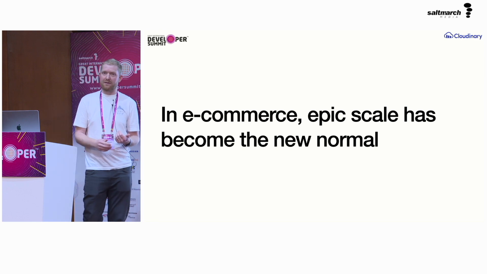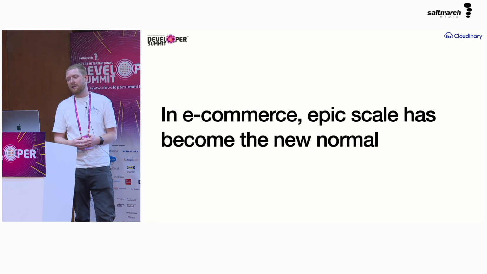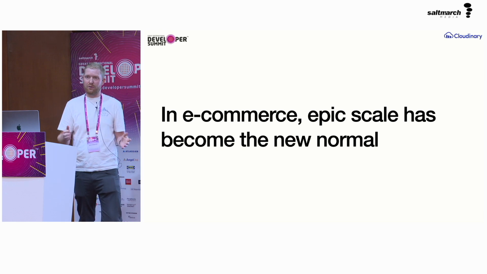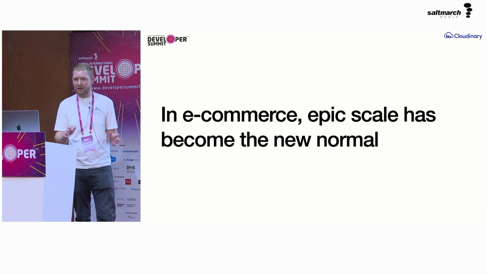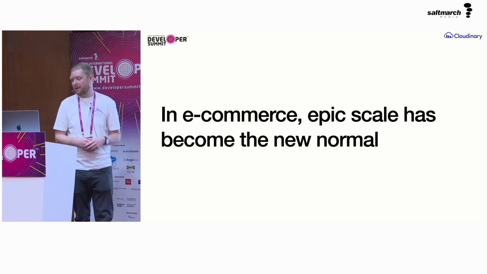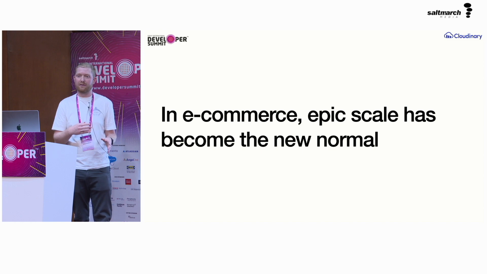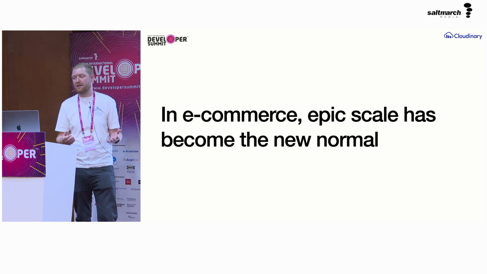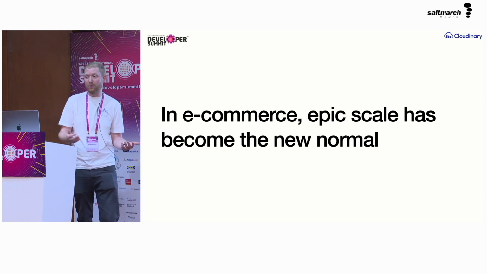As I mentioned, scale is a massive thing, especially within e-commerce. To give some context, we have customers that have millions of media assets stored within their Cloudinary accounts, and they're transferring terabytes of images and videos. It's serious amounts of scale, and for large e-commerce customers, this is normal.